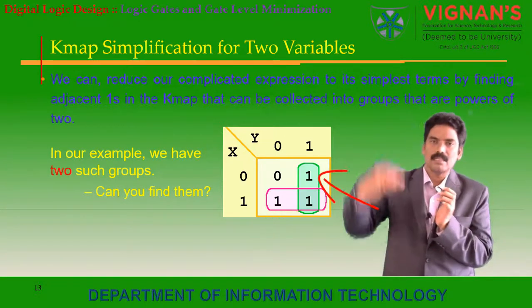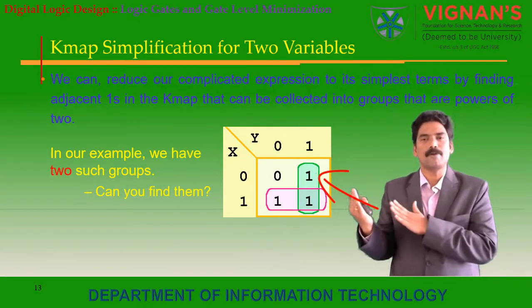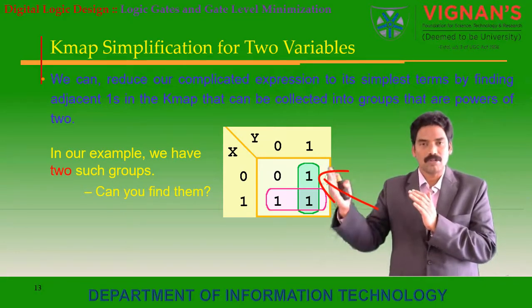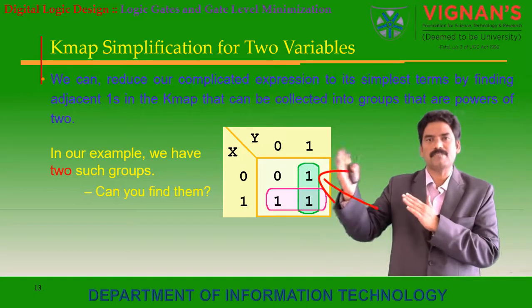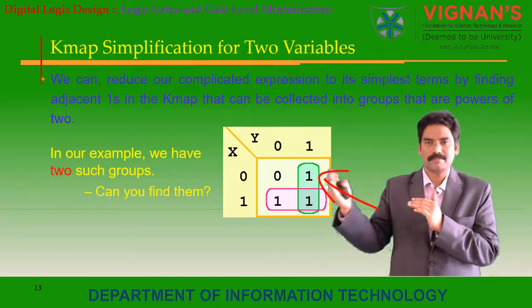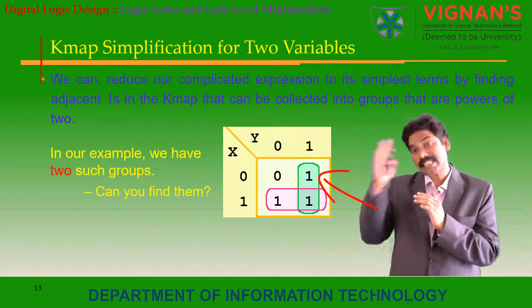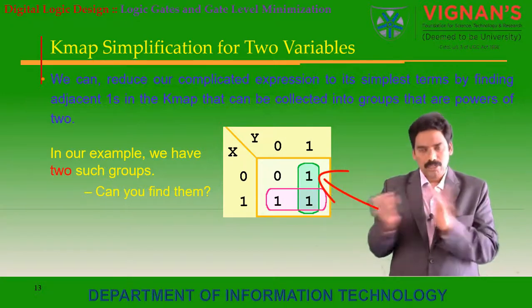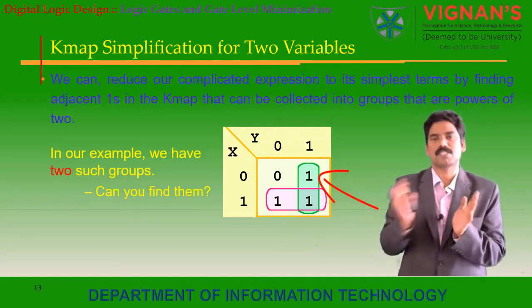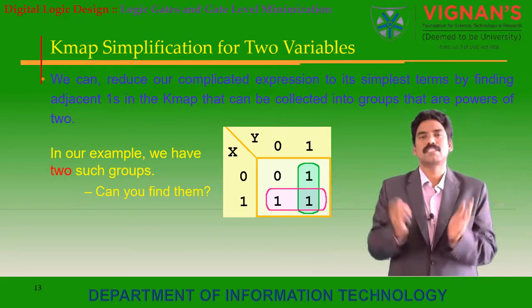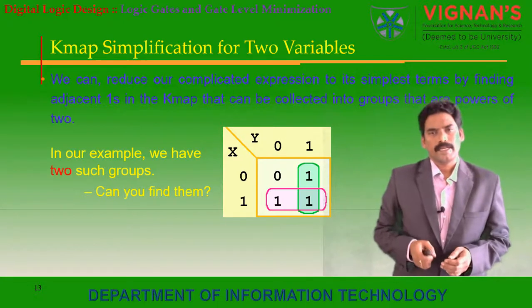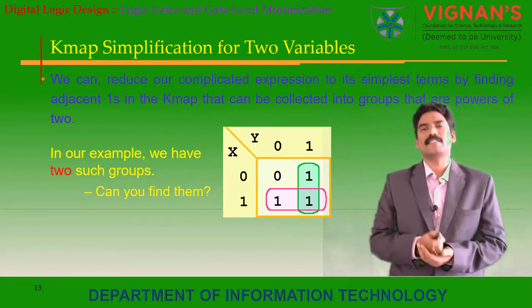In the second group, that is x bar y and x y, what is the common term? y. So, we have two terms now, x plus y, that is the simplification of the Boolean function. Yes, from this we can get x plus y.